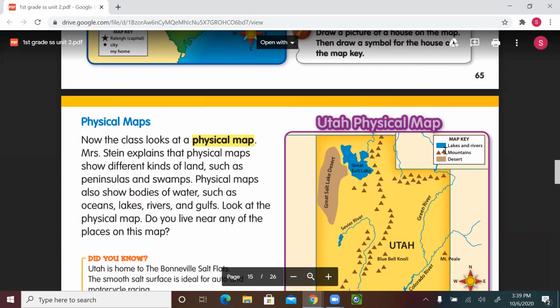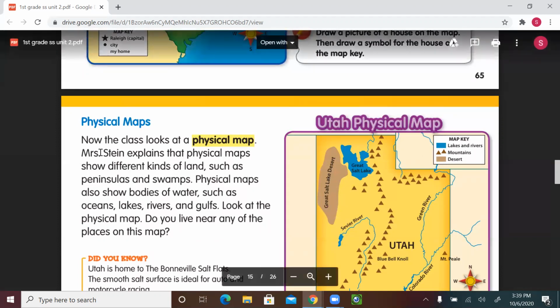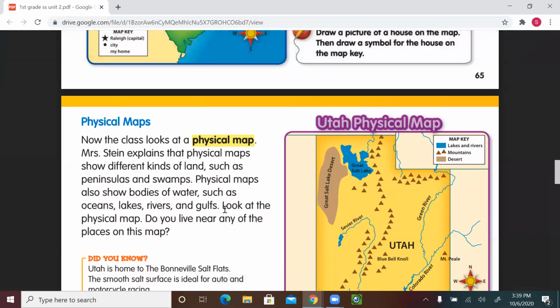We have the mountains, where we use a brown triangle, and we have a brownish rectangle for desert as a symbol. We learned that physical maps show different kinds of land, such as peninsulas and swamps, and also bodies of water such as oceans, lakes, rivers, and gulfs.